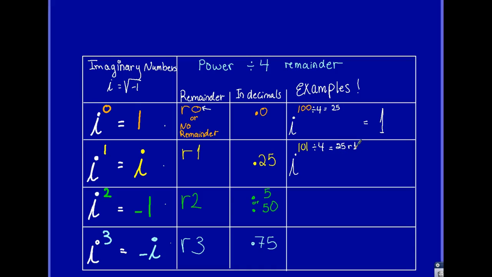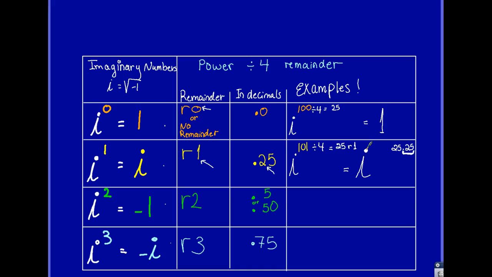Those of you who use a calculator, if you plug this in, you're going to get 25.25. You see how you have 0.25 here? That 0.25 is the same as remainder 1. So whether it's remainder 1 or remainder 0.25, the value should always be i. So if you have something .25, that means it's a remainder 1, and the answer is i.